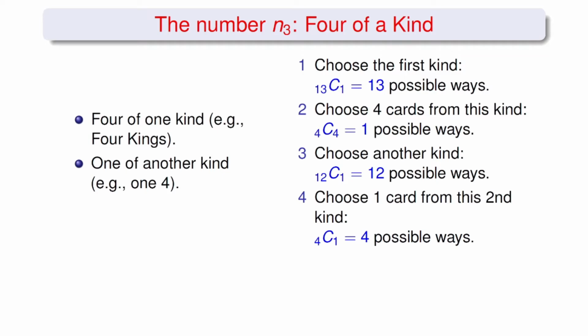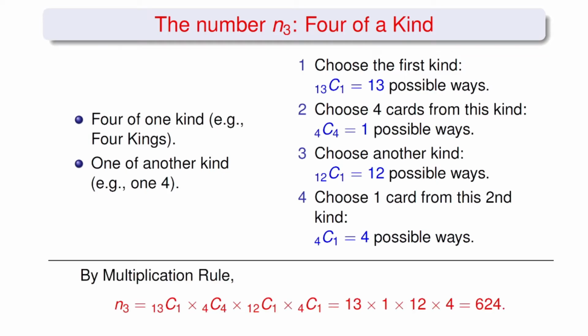So by the multiplication rule, N3 equals 13 choose 1 times 4 choose 4 times 12 choose 1 times 4 choose 1. That is 13 times 1 times 12 times 4, which is 624. That is N3, the number of possible 4 of a kind.